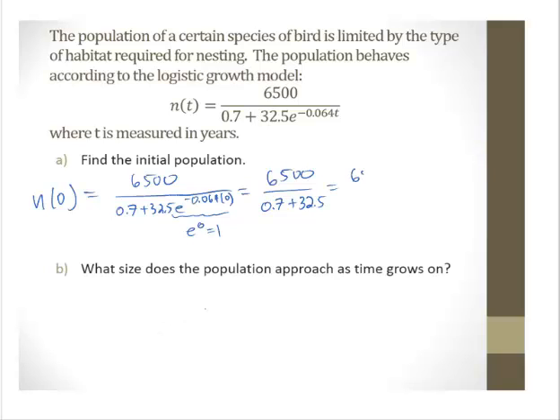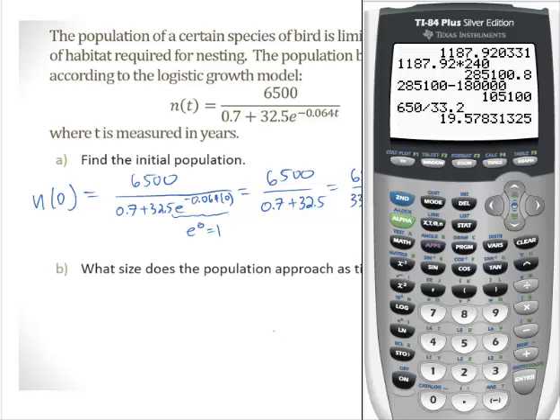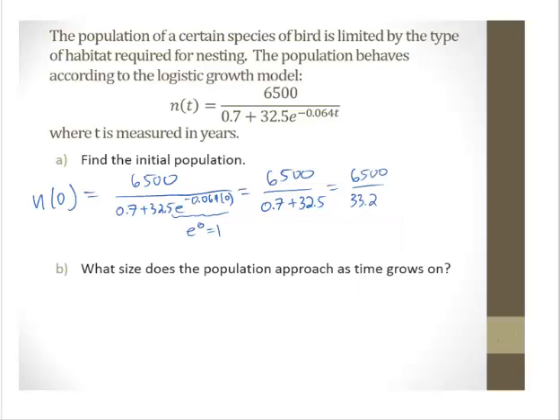So that's 6,500 over, was that 33.2. I'll use the calculator here. 6,500 divided by 33.2 is about, oh, and I forgot a 0. I missed a 0 there, so let me insert the 0. So let's say about 196.